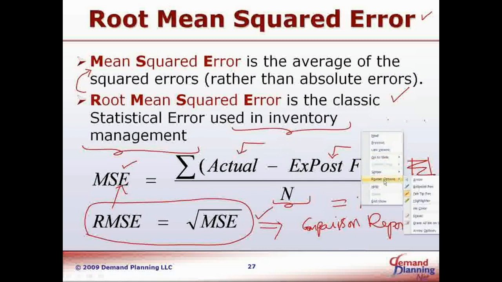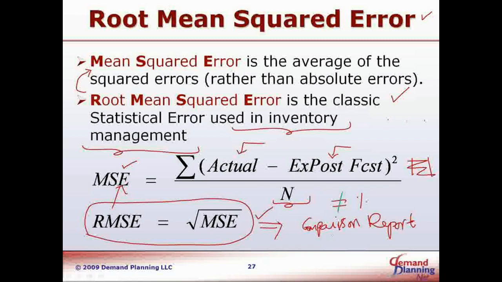So for 30 months, you would say n is 30. So you come up with the mean squared error. Then you have the root mean squared error, which is nothing but the square root of this number. So this in APO, I would say, is actually the best model diagnostic of all the 6. The most useful, the best diagnostic.